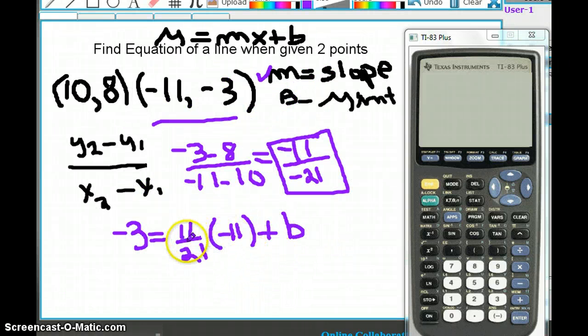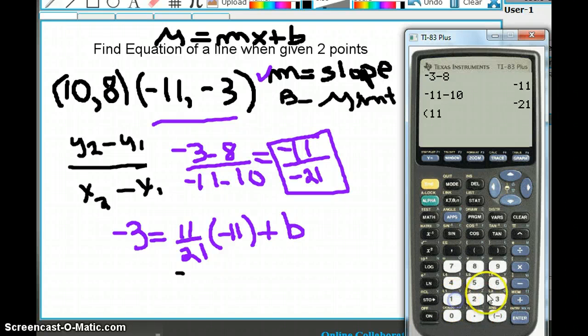So we're going to multiply the 11 over 21 by the negative 11. So we know it's going to be a negative answer when you multiply, because a negative times a positive is a negative. If you have trouble multiplying a fraction and a whole number, you are allowed to use the calculator. So the way you would enter that in is open parentheses, 11 divided by 21, close parenthesis, times 11.